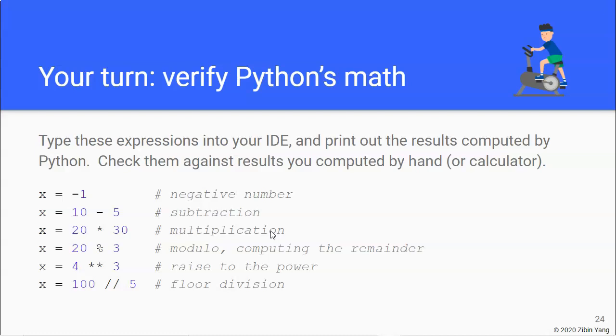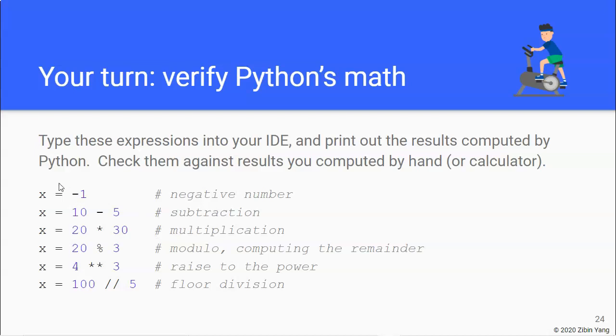So what I'd like you to do at this point is pause the video and then manually, or with a calculator if you must, calculate the result of all of these expressions.